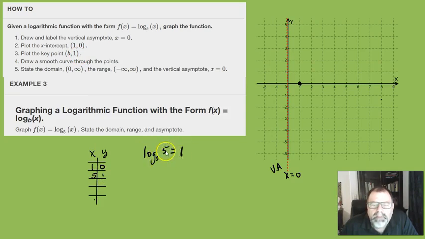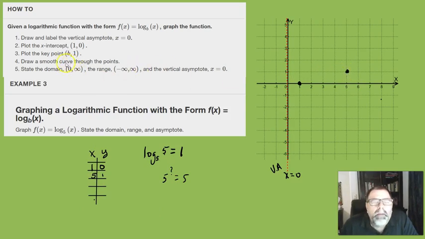If the base and this number match, it's just going to be equal to 1, because we're saying 5 to what power equals 5? Well, obviously that's 1. So (5, 1).